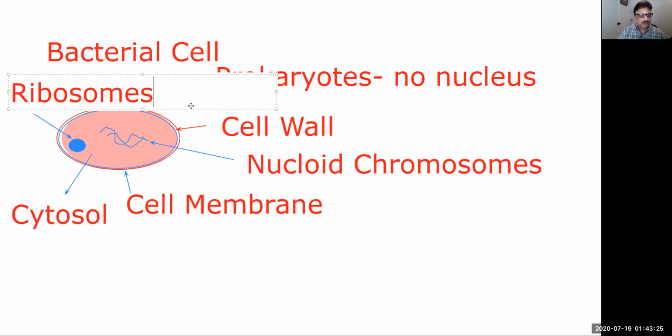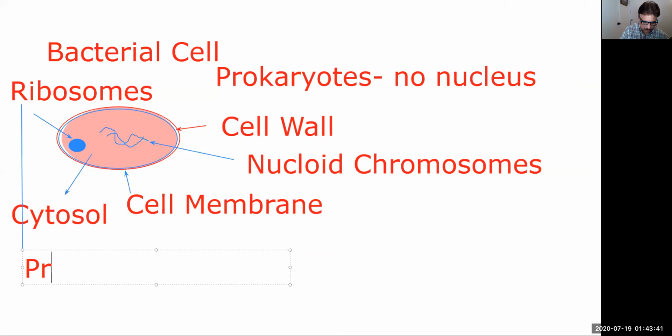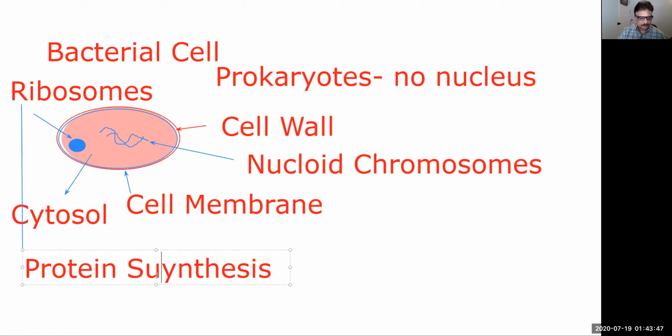Now this ribosome is the main organelle that manufactures protein. So the primary function of ribosome is protein synthesis. So this essentially is the bacterial cell.